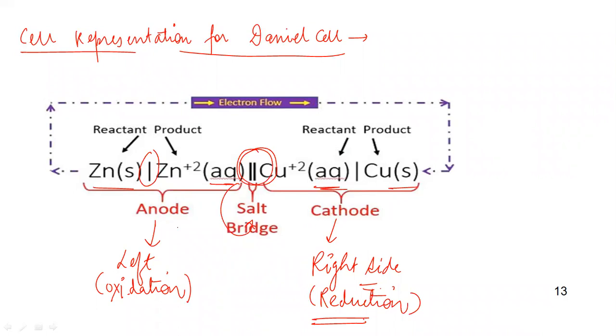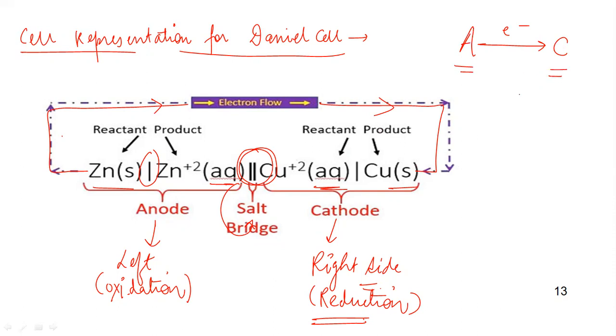Now look at the electron flow as well. Now electron flows from anode to cathode. Now the question is that what is the direction of the current? Okay, so look at it. If I say electrons flow from anode to cathode, electrons are flowing from anode to cathode.